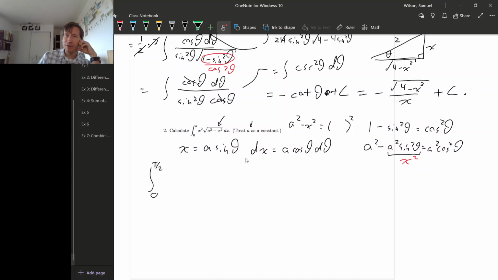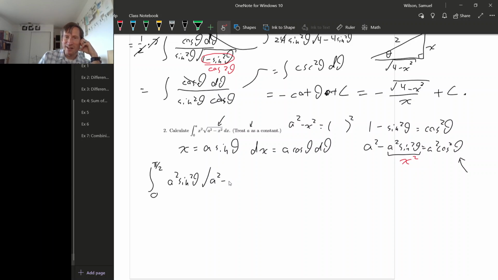Okay, and now we can do our substitution. So x squared is a squared sine squared theta, square root of. Now this stuff in the square root, we've cooked things up so that we're going to end up using this identity, but let's write it out anyway.